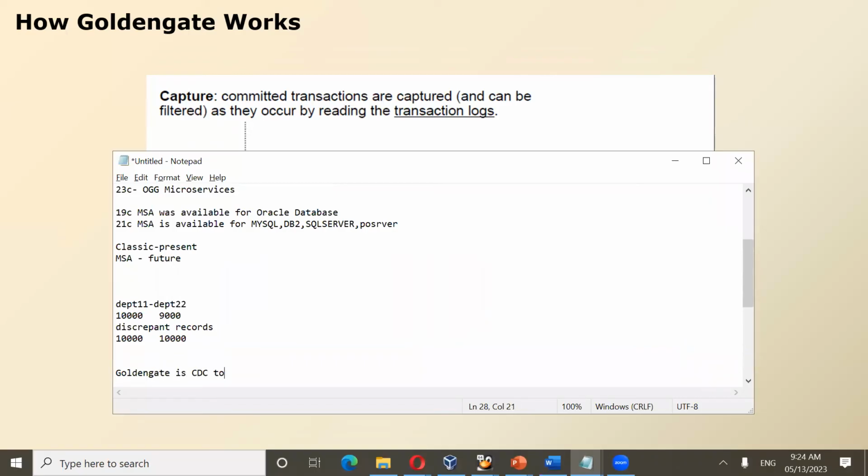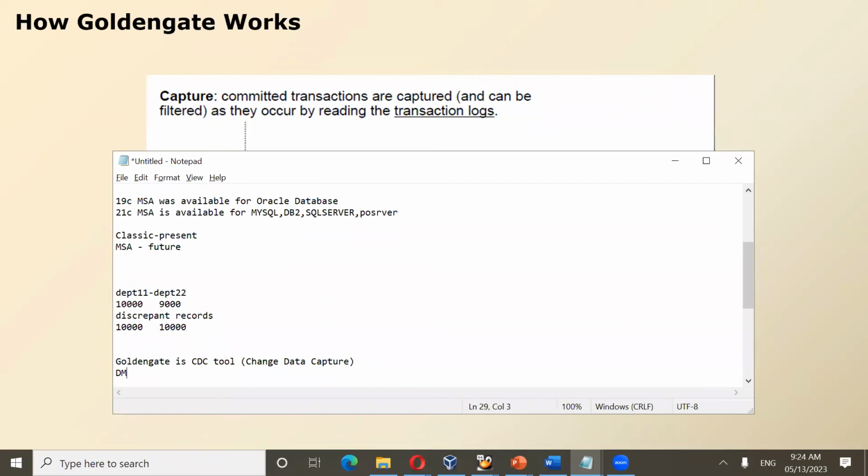CDC stands for Change Data Capture. What does a Change Data Capture tool mean? It captures whatever changes happen, whether DML or DDL. What type of changes can happen in the database? Either they will be DML. DML means insert, update, delete.